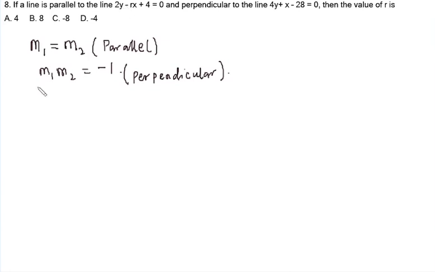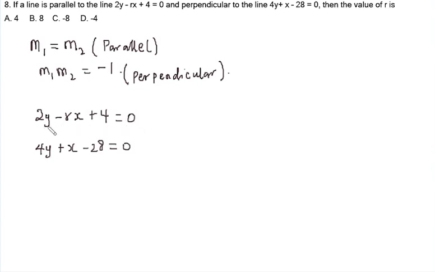First of all, the first equation we have on our hands is 2y minus rx plus 4 is equal to 0. And then the second equation is 4y plus x minus 28 is equal to 0. For the first equation, our line is parallel to this line.